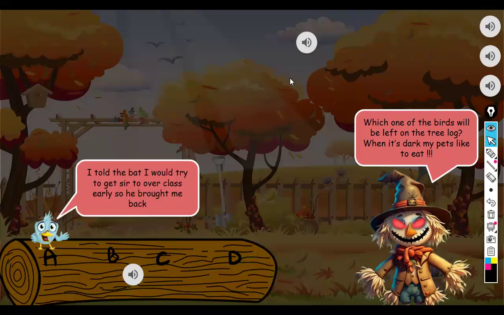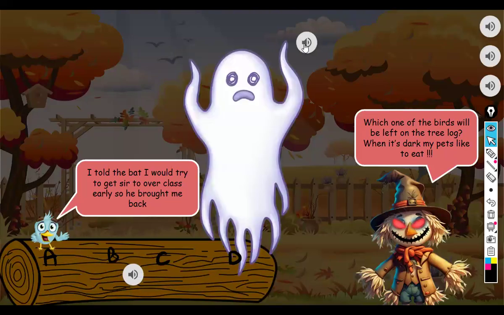So A is the winner. If anybody chose A, they won. The bat rejected A. And we have the reason there. So congrats to those who won. And for those who lost, the haunted farm gets your soul.